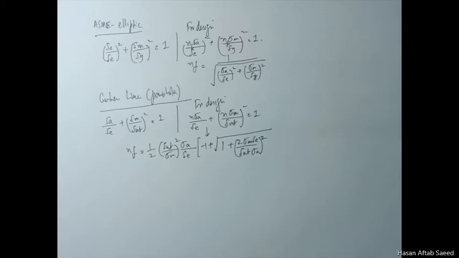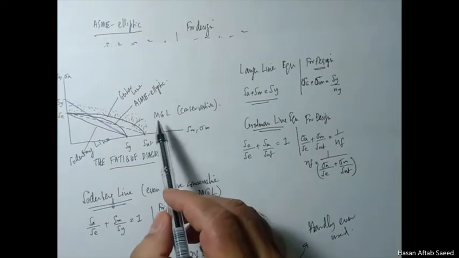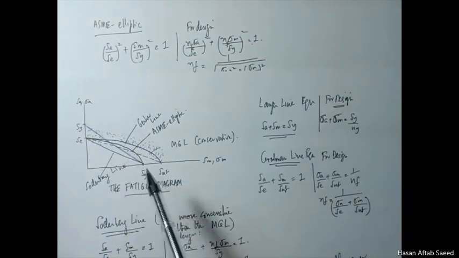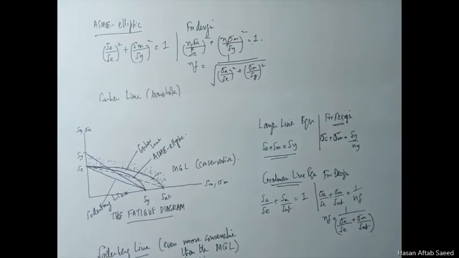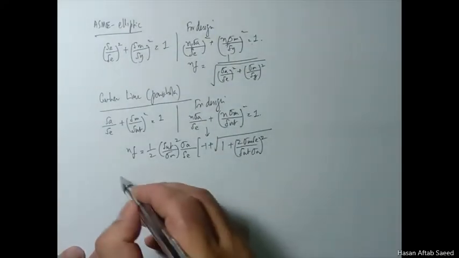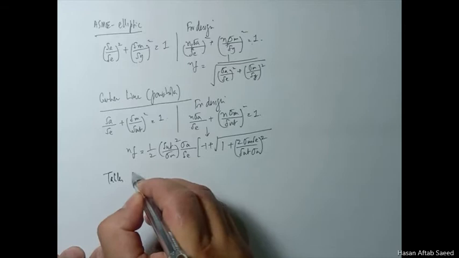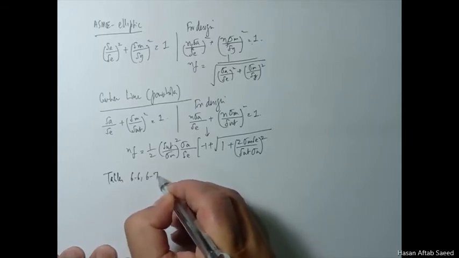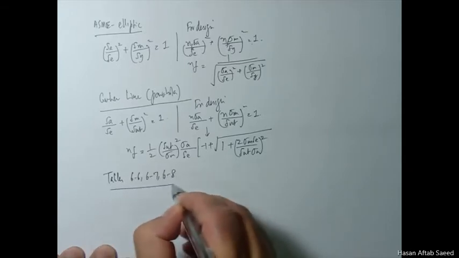In fact, the three most commonly used failure criteria are the modified Goodman, the Gerber line, this one, and the ASME-elliptic, this one. The important quantities of all these you can find in your tables 6.6, 6.7, and 6.8.